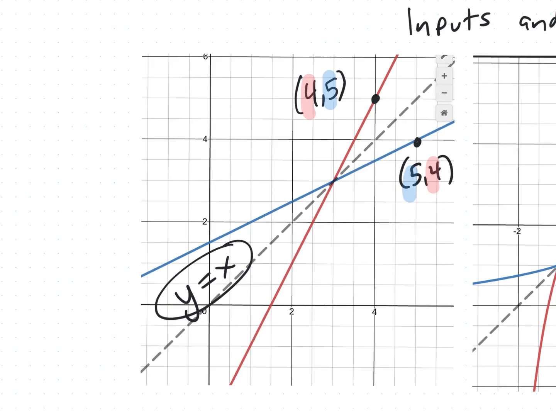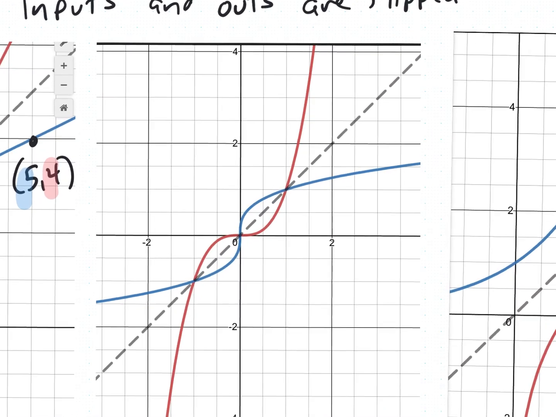This happens on more complicated graphs. So for example, here we have y equals x cubed and y equals the cube root of x. Again, even though it's more complicated, we are still symmetric about the line y equals x.